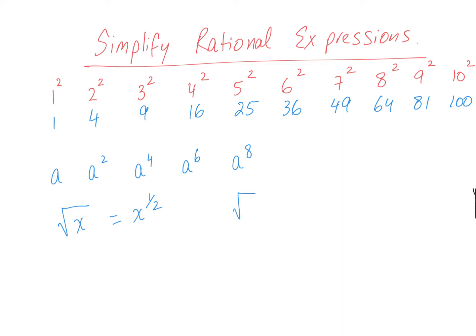Similarly, if you have a cube root, that implies the exponent is 1/3, and so on. So if you have the nth root of x, that just shows that it's 1 over n. Keep this information in mind. It might be helpful with regards to solving a few questions.